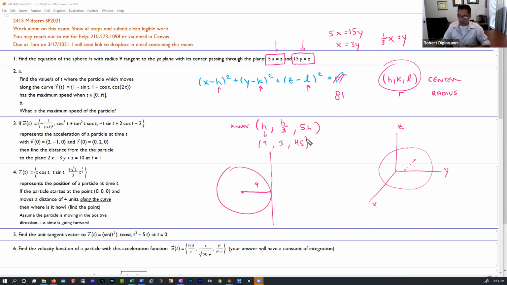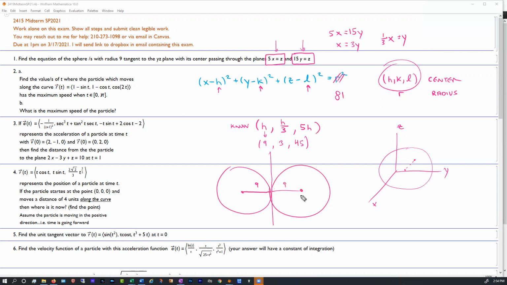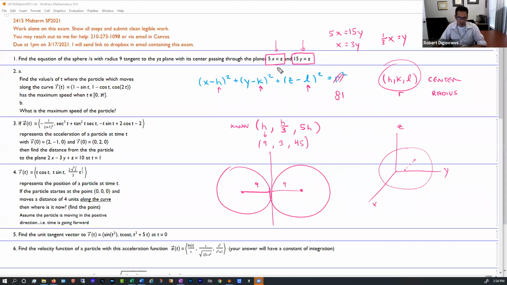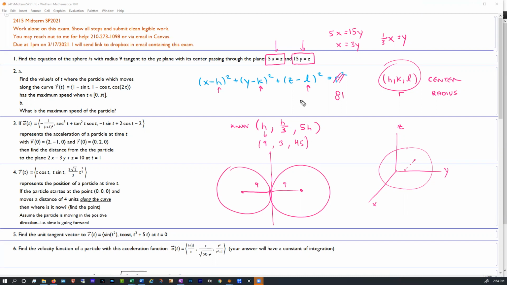Because the center must go through these two planes. So even though there could be a sphere on the other side like this, where that's 9 also, here's your plane. Would this point lie on both of those planes? I don't know. So you try it.